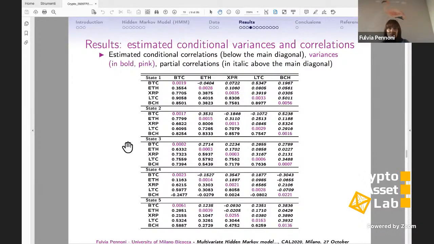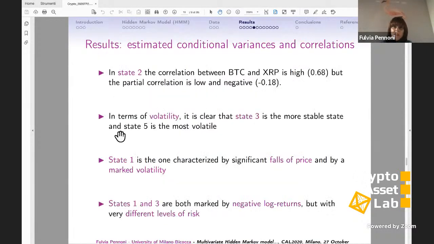Another important aspect is to detect the risk according to the estimated variances, and mainly we can surely detect state 3 as the most stable among the 5 states, and state 1, for example, represents high volatility in this case. So I summarize briefly some conclusions that we can draw from this table.